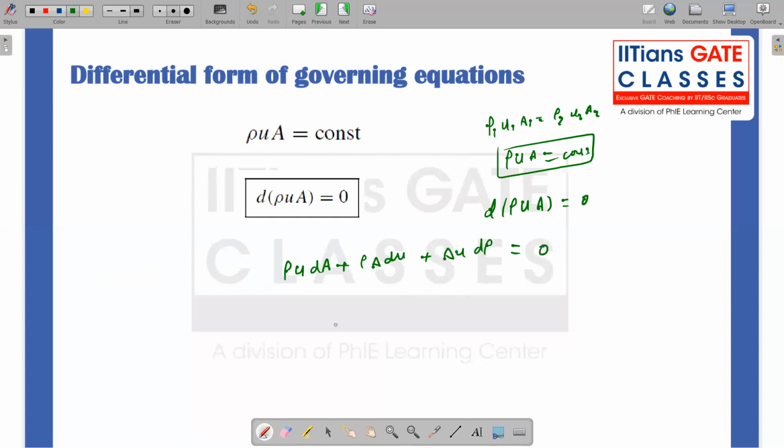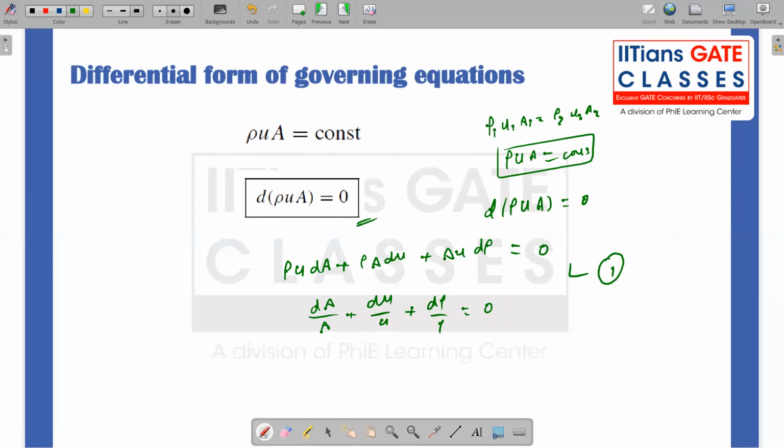I will call it equation 1. And again, if I divide it by rho uA, it becomes dA by A plus du by u plus d rho by rho is equal to 0. So it's again the different forms of the same equation, right?